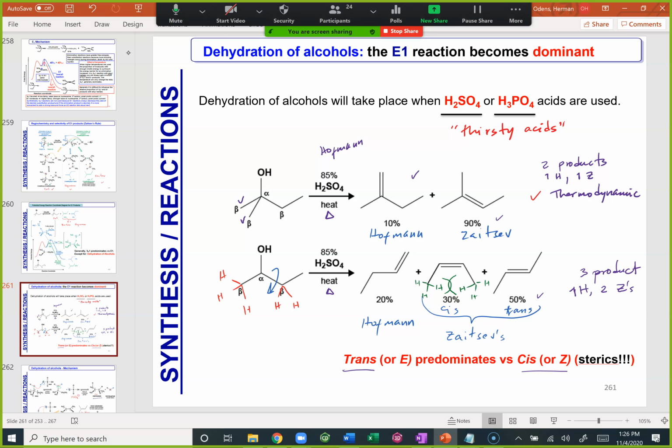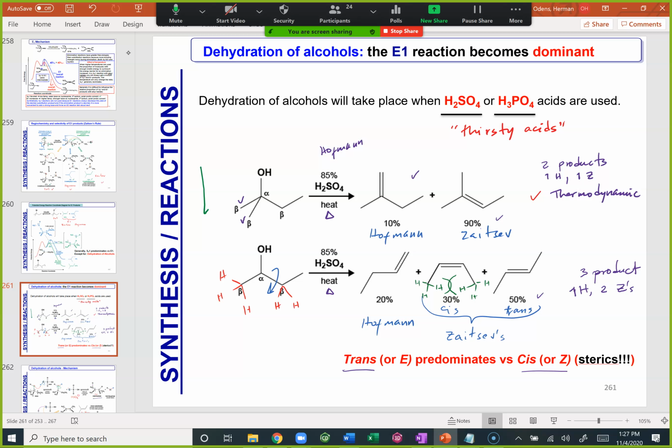So notice here that for the Hofmann, on the first example, we have 2 sets of hydrogens on beta carbons, and those could interact with the sulfuric acid to form the Hofmann product. Statistically speaking, yeah, okay, good. I mean, you could tell, okay, if the conditions were right, the Hofmann would have been the better one, but the conditions are for Zaitsev.